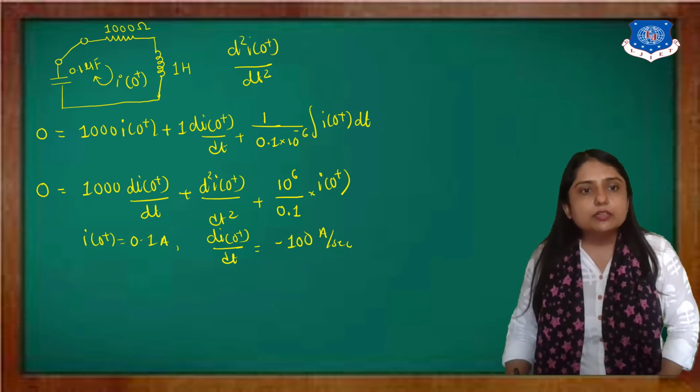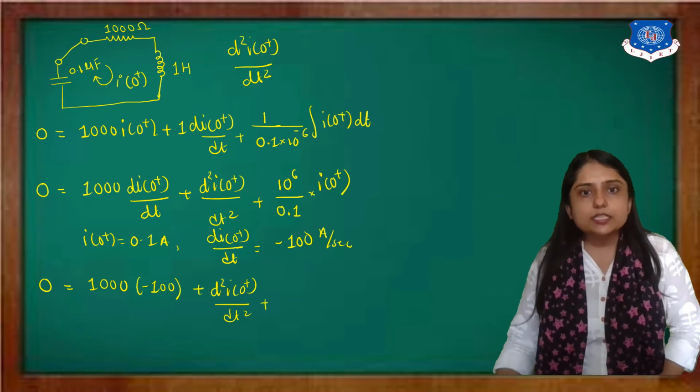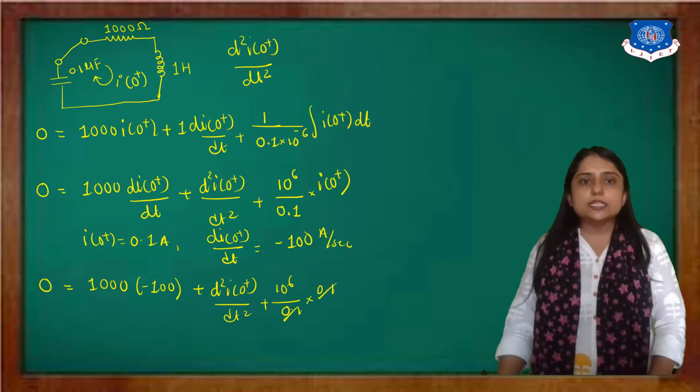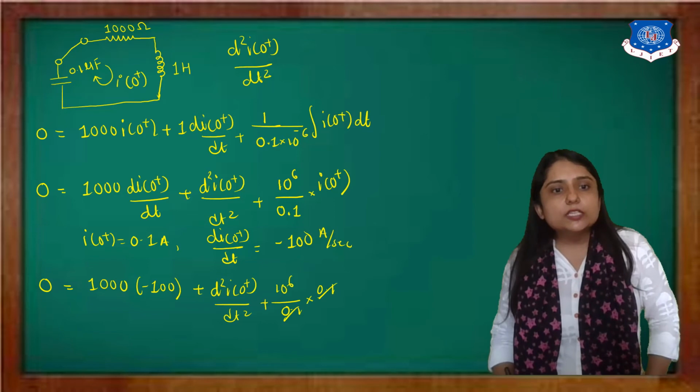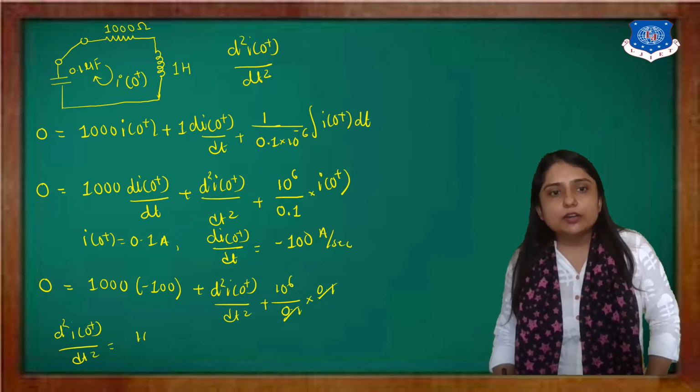So 0 equals 1000 times minus 100 plus d square I(0+)/dt square, and 10 raised to 6 upon 0.1 into 0.1, so the 0.1 cancels out. So d square I(0+)/dt square equals, 3 plus 2, 10 raised to plus 5.